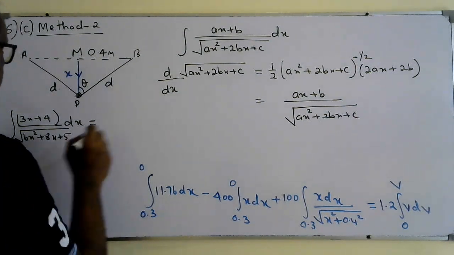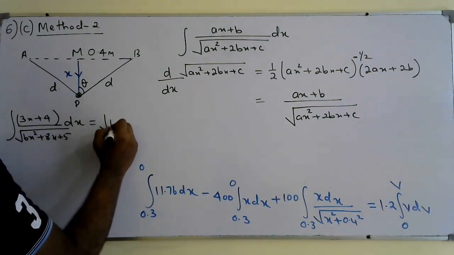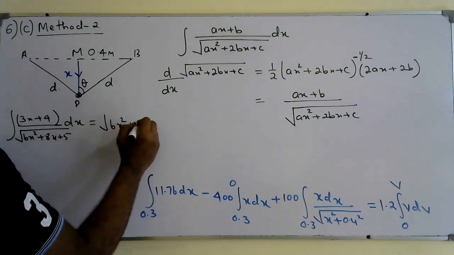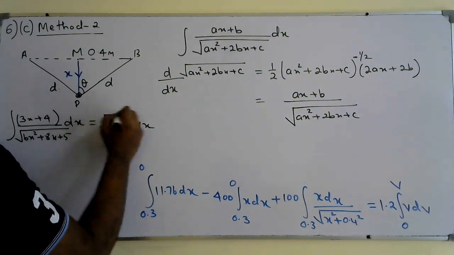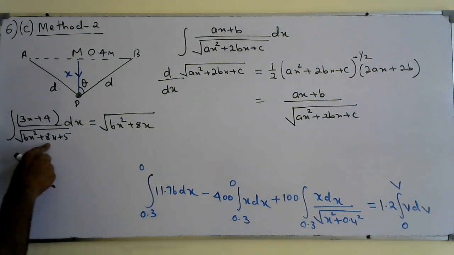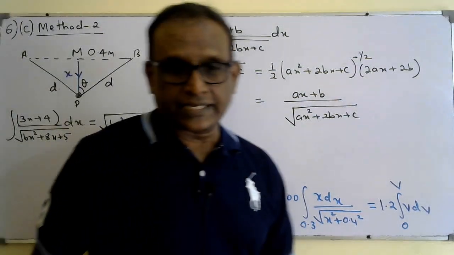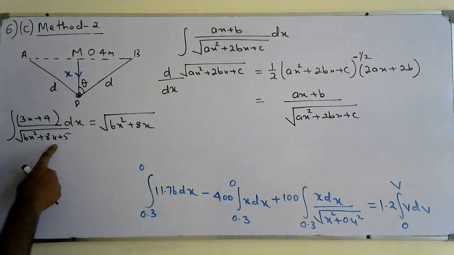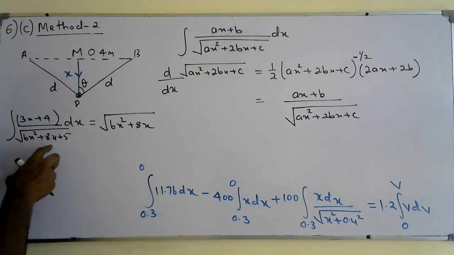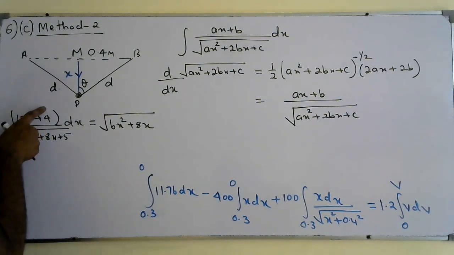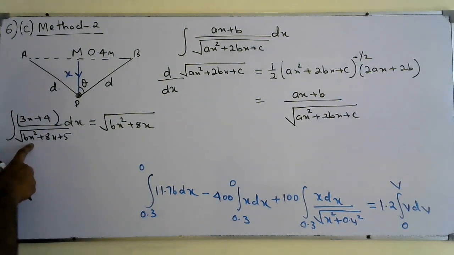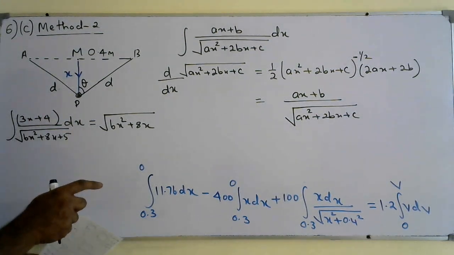If you have an integration like this, you can directly write that it is equal to the square root of 6x squared plus 8x, because this 8x could be written as 2 into 4x. When you differentiate 4x, you will get 4 here. Sorry, this is 6x, I think I made a mistake.